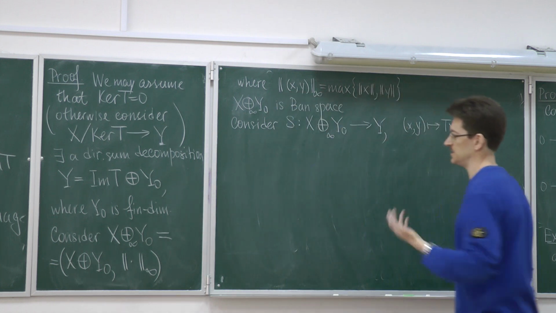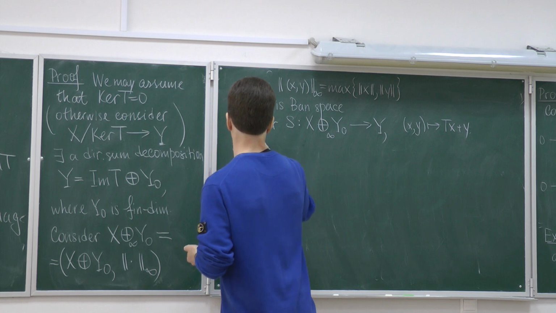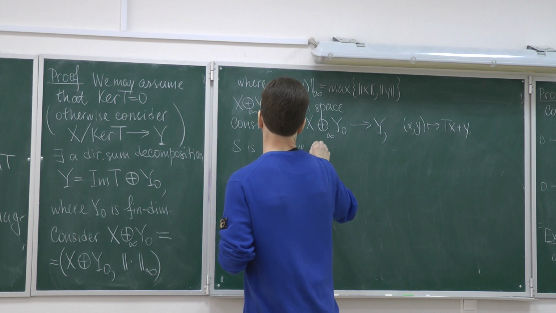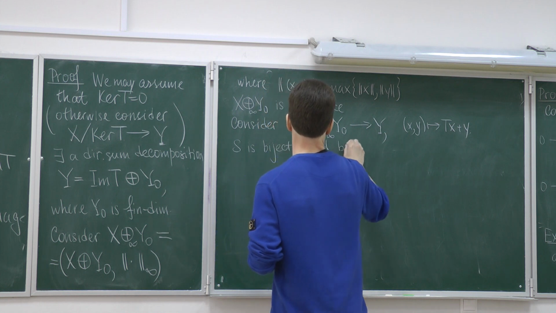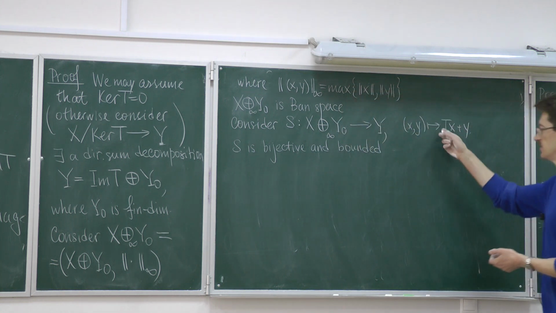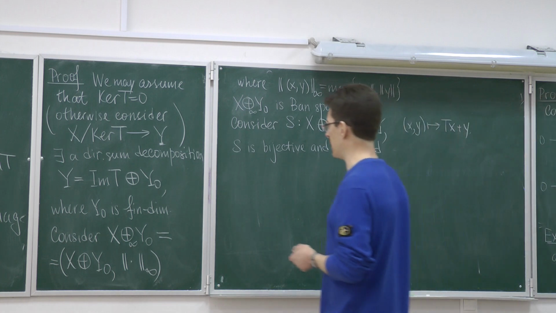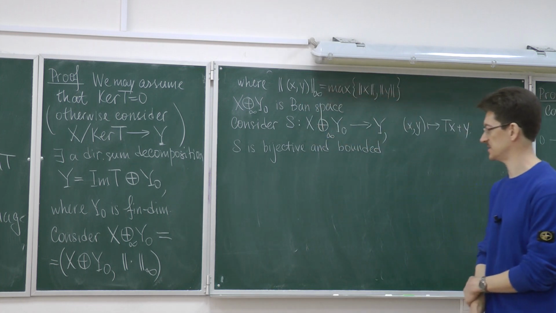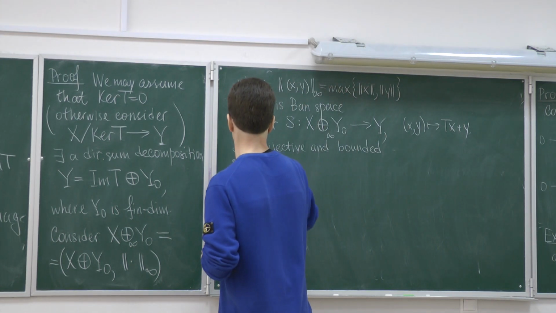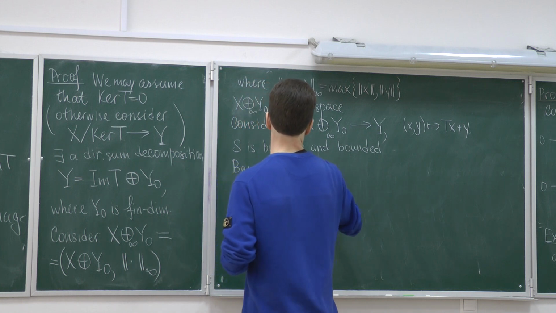So this implies that S is a bijection. S is bijective and bounded. The boundedness of S is immediate from the boundedness of T. Now Banach's open mapping theorem, or more precisely the inverse mapping theorem, implies that S is a topological isomorphism.